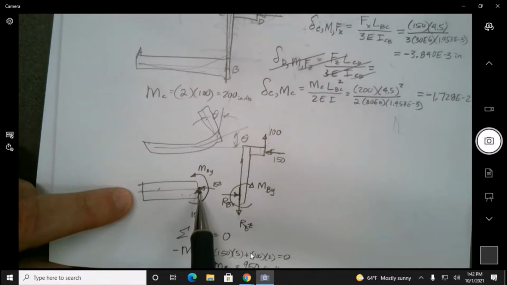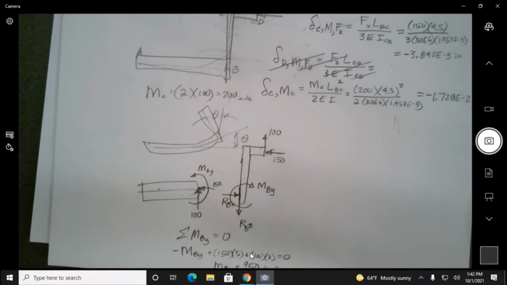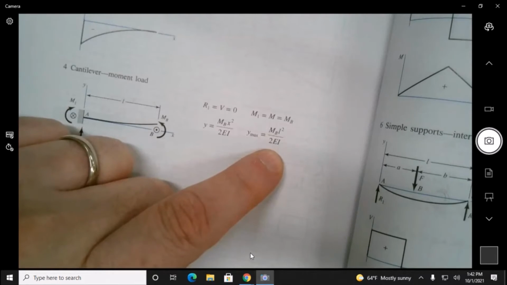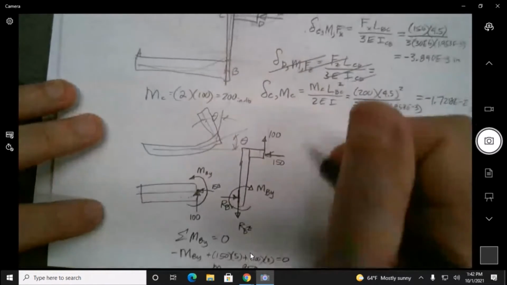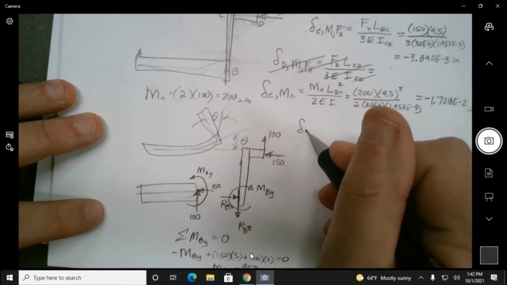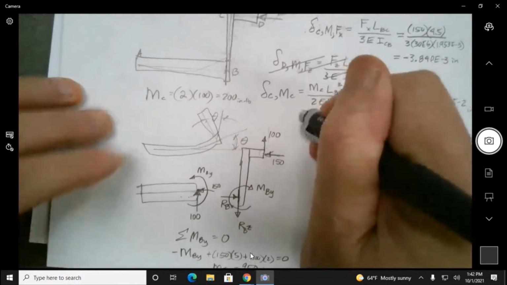All right, so we actually have 2 separate things that we have to take care of because of these loads right here. One of them is because of this moment, which is this guy right here, the MBL squared over 2EI. So I still don't know how to do this the right way. This is the deflection, sorry.